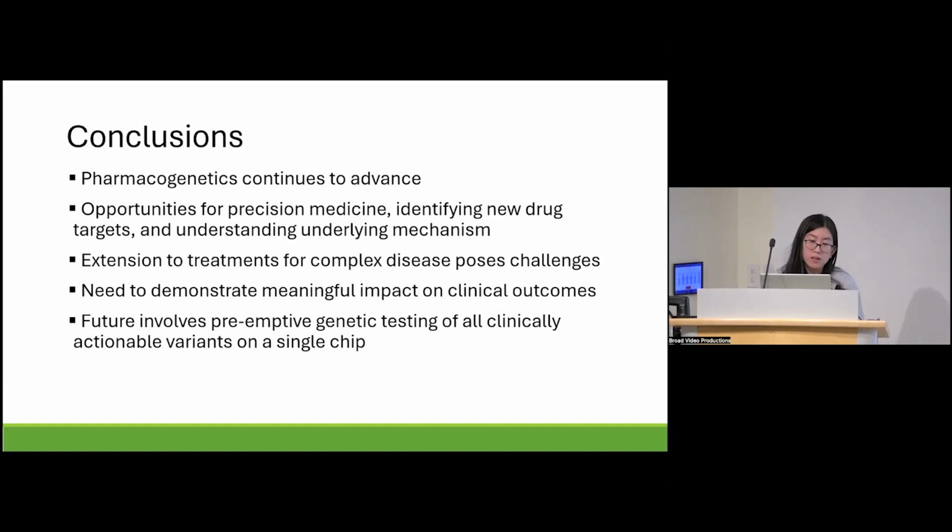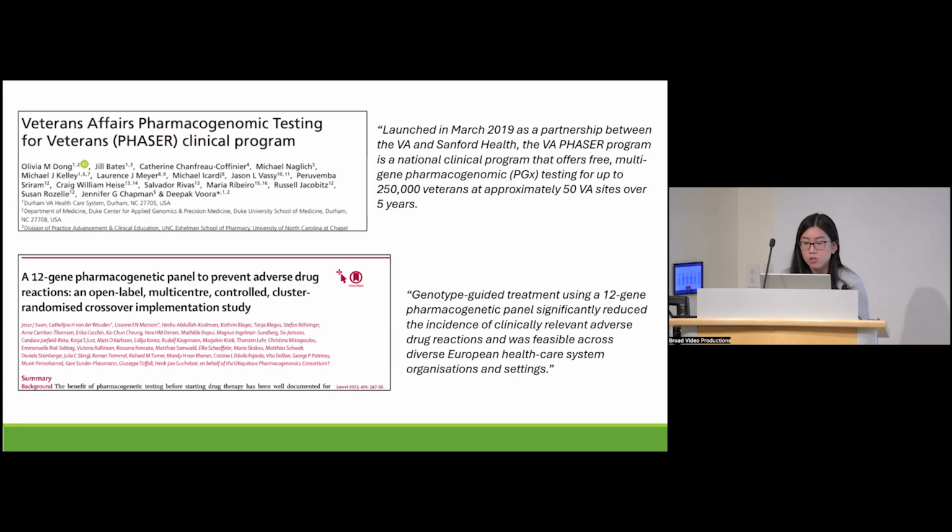And then the future might involve, as the cost of genotyping goes down, really doing preemptive testing. So for all clinically actionable variants, measuring those, and having that available in the medical record, being able to go to that information in advance of prescribing a medication, and then choosing your dose or agent based on that information, incorporating it into clinical decision making. And this has already started to happen.